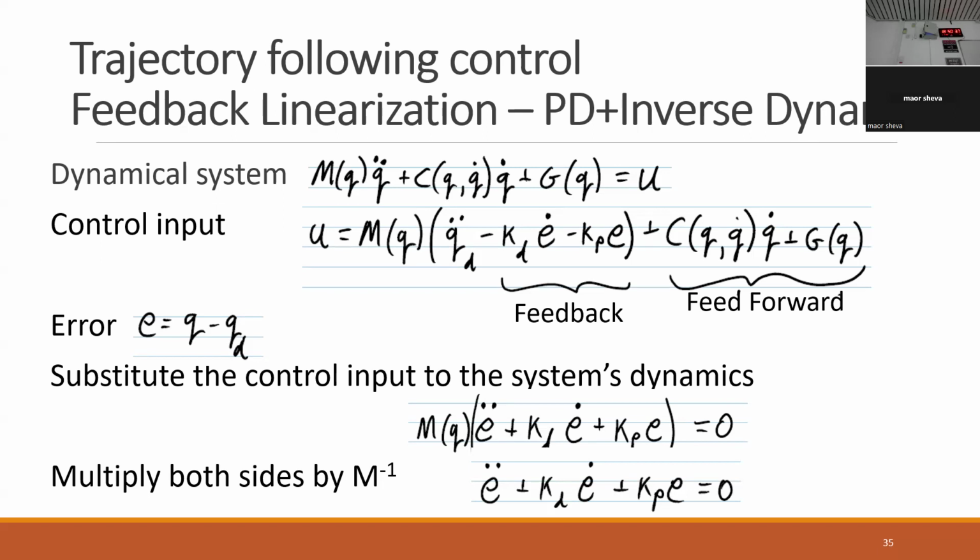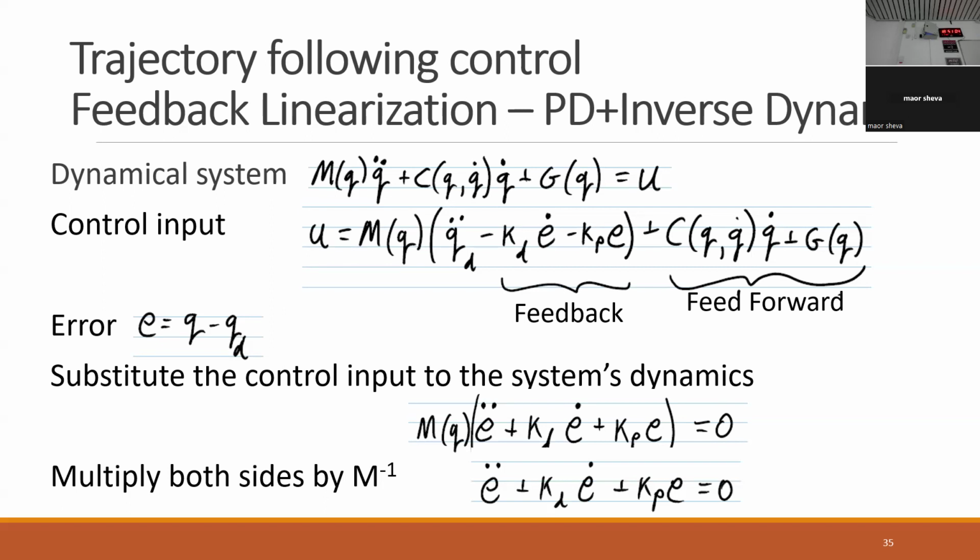This is the dynamical system of the error after I applied the input U. Now, if this system is stable at 0, at e equals 0, it means that if I start from a point where e is not 0, it will converge to 0.